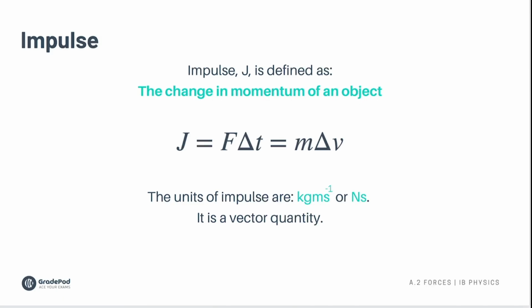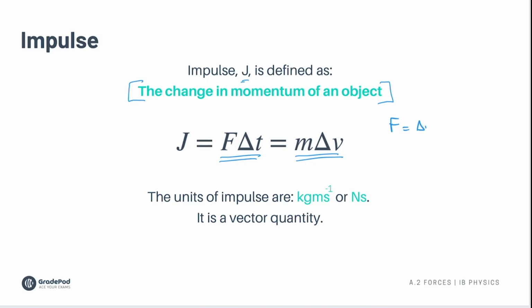Impulse is defined as the change in momentum of an object, and it's given the symbol J. And J has the formula, the change in momentum, we can start with m delta v, but it's also got the formula F delta t. How did we get that? Well, let's go back to what we saw earlier.